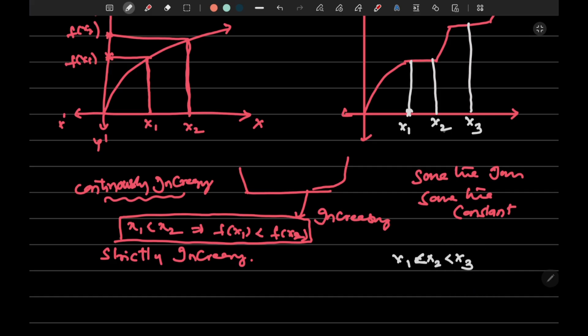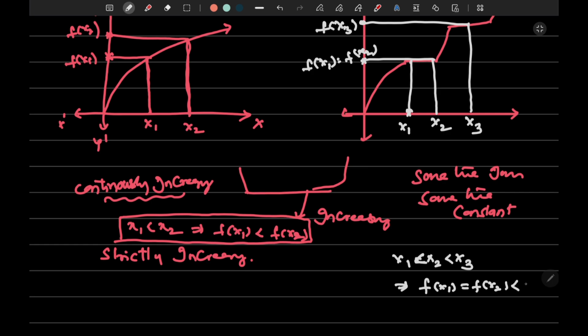Function values: f of x1 and f of x2 are the same, f of x3 is different. So f of x1 is equal to f of x2, which is less than f of x3.